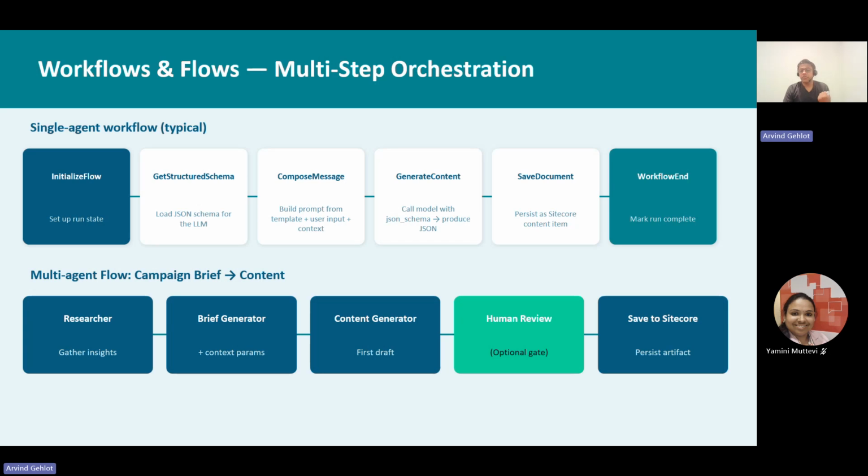So a workflow covers one agent execution, whereas a flow connects multiple agents so that the output of one agent can become input for another agent, and so on until you get your final result.